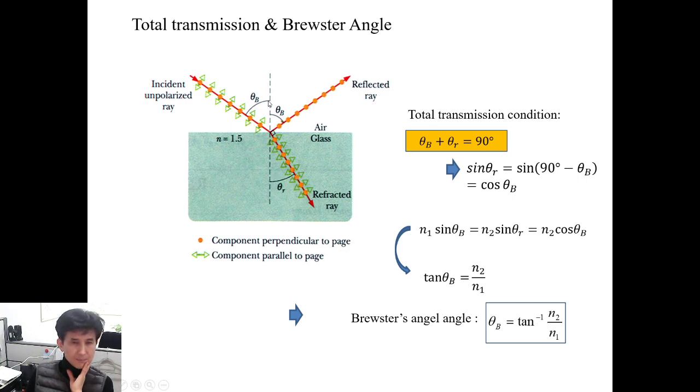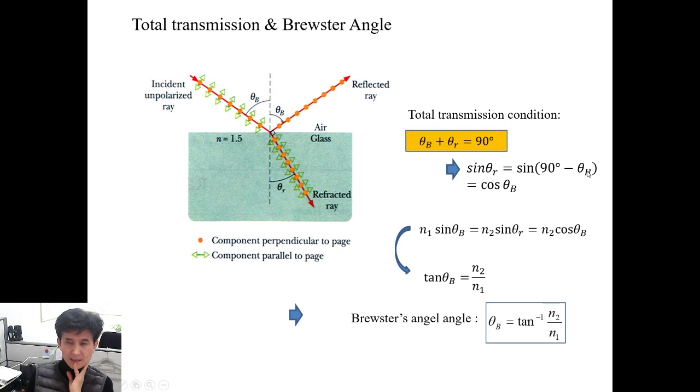If the input angle plus the output angle becomes 90 degrees, then theta r is 90 degrees minus theta b. Then sine theta r is sine of 90 degrees minus theta b, and by the relation of sine and cosine, it becomes cosine theta b.